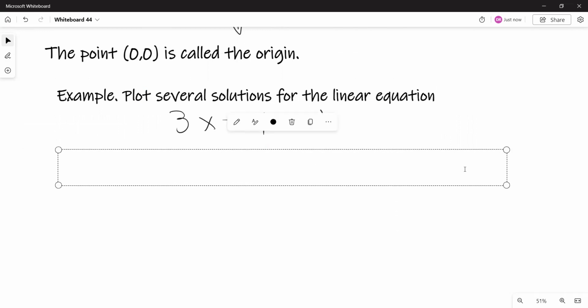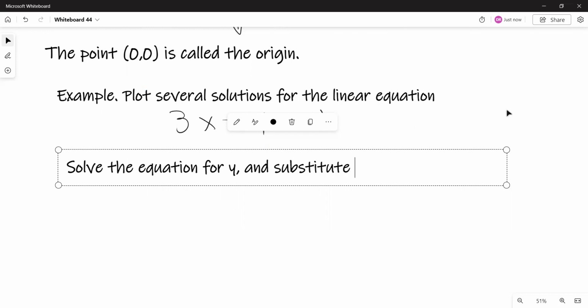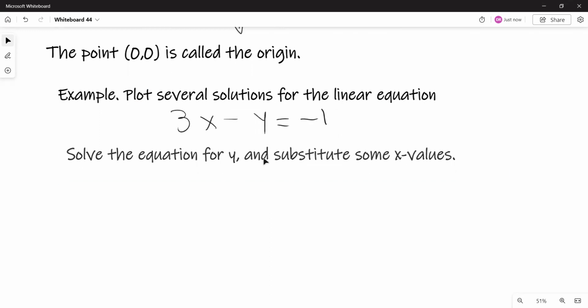I would say the easier way to get solutions is to solve the equation for y and substitute some x values. That way, it's going to be easier to find a set of ordered pairs.